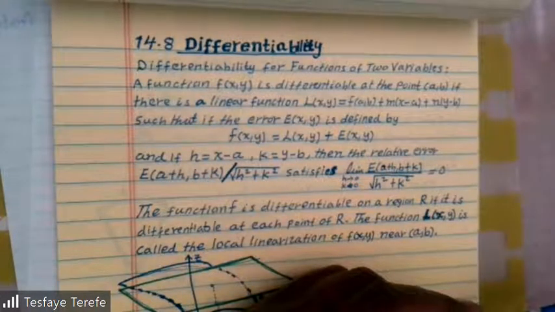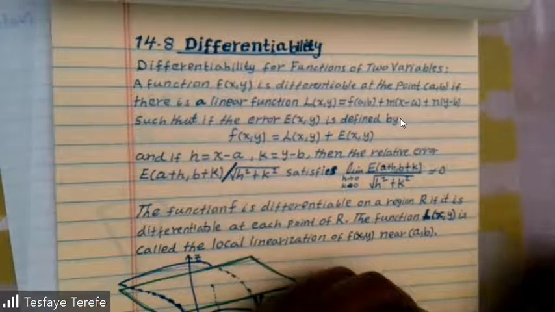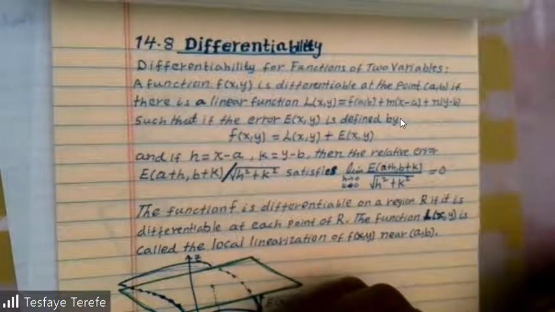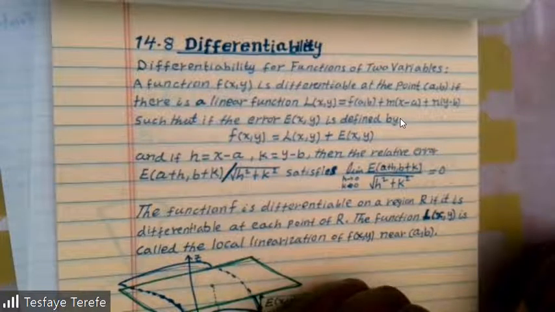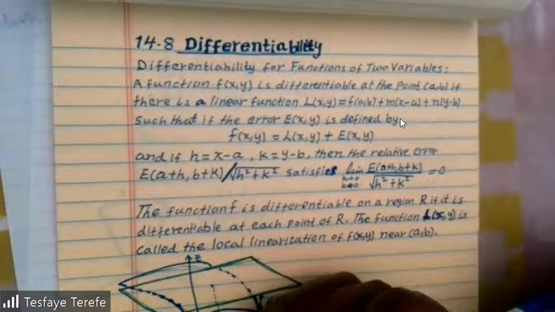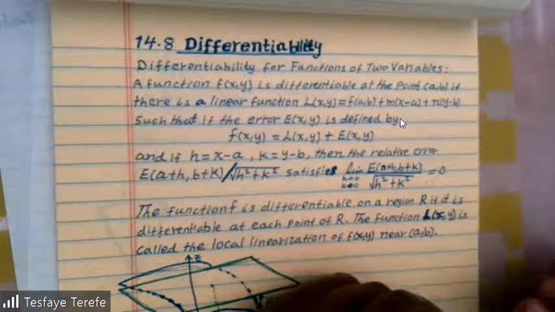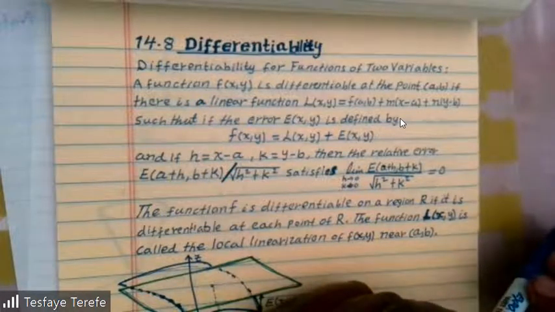That's it. But for functions of two variables, differentiability is a little bit different. In single variable also, if a function is differentiable, we can find a tangent line at that point, and in the neighborhood of the point of tangency, the linearization value will approximately be there.